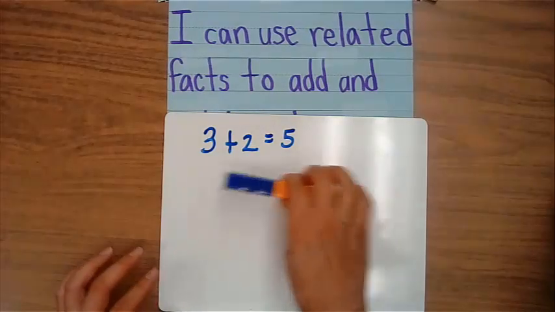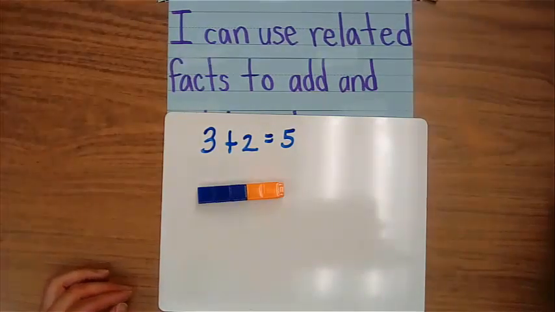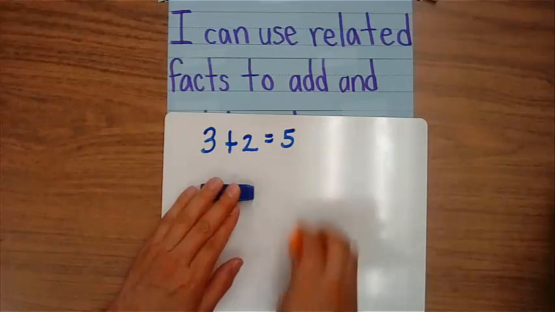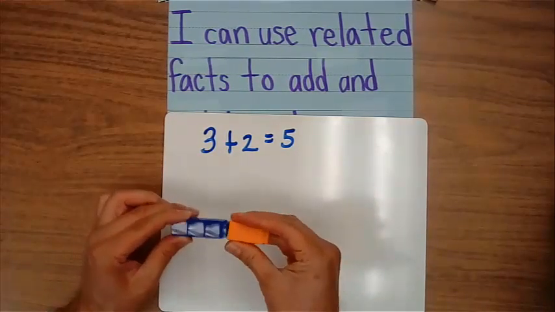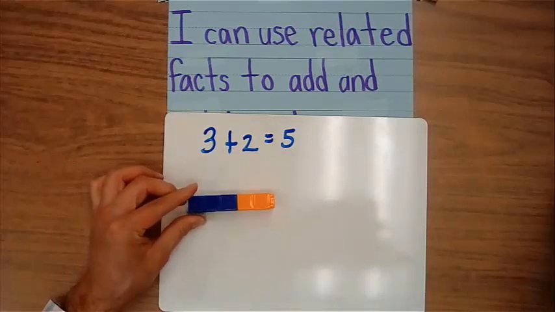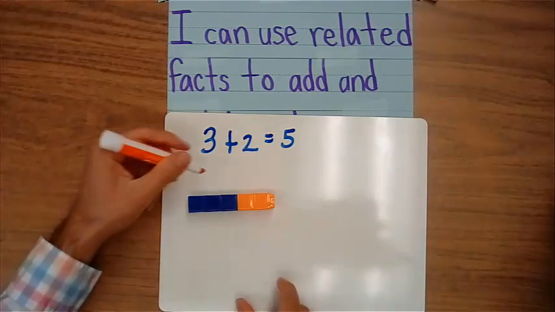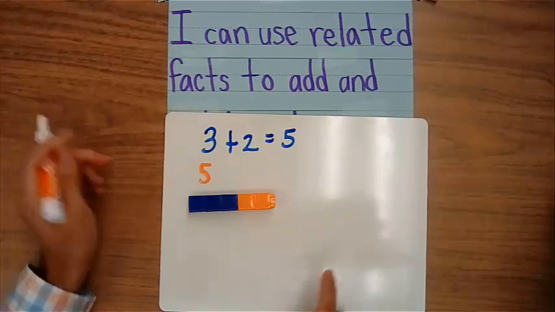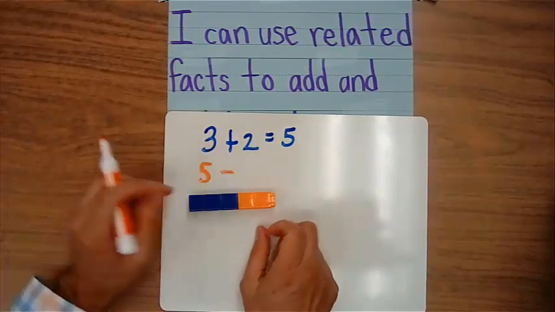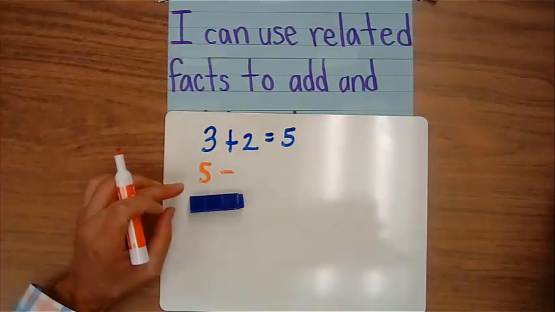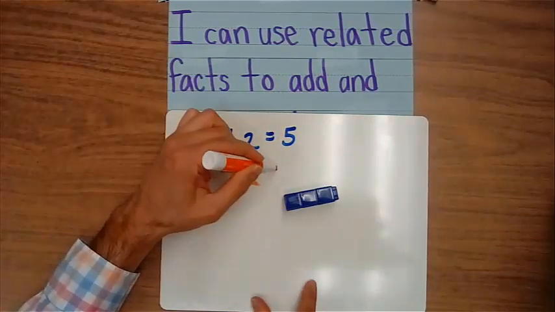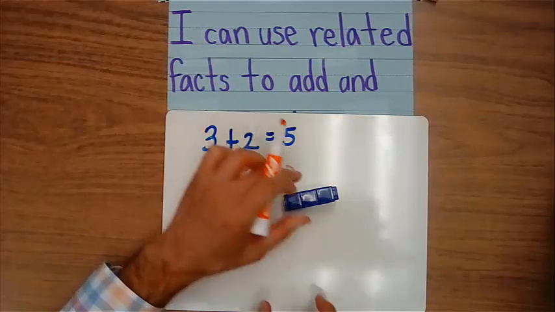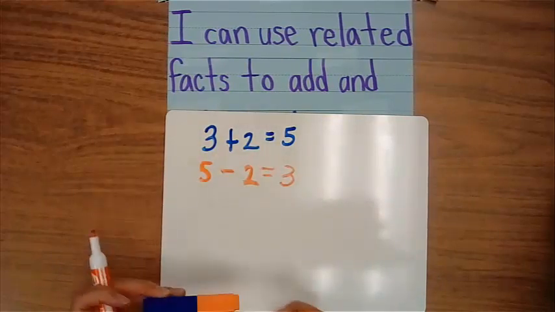We could say 5 take away 2 makes 3. So let's write that sentence. 5 take away or minus 2 is 3, equals 3.